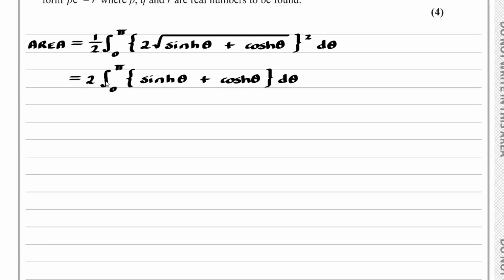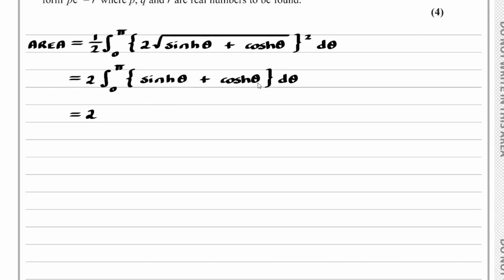So what we have here is 1/2 times 2 squared, which is 2. So we have 2 multiplied by the integral of sinh theta plus cosh theta with respect to theta between 0 and pi. And notice, when we square the square root, it disappears.